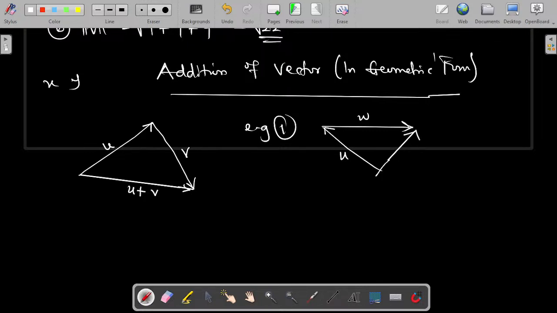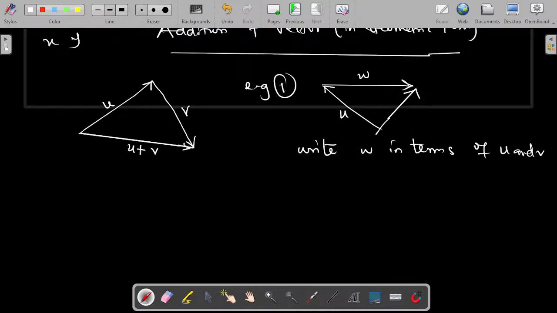And the question says write w in terms of u and v from the diagram above. And somebody will be saying, can this be asked in OBJ exam? Yes, it can be asked in CBT, because the answer is just a line. So we can just draw something like this and ask you this question.